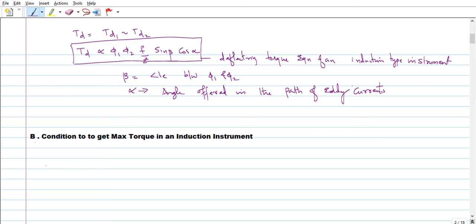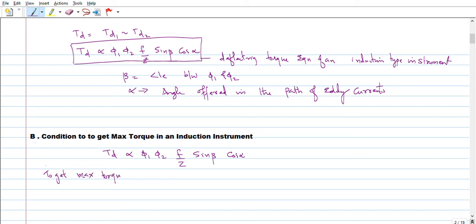Very important conclusion: the deflecting torque TD for an induction type instrument is proportional to phi1 phi2 into F by Z into sin beta into cos alpha. In order to get maximum torque, what is the condition?